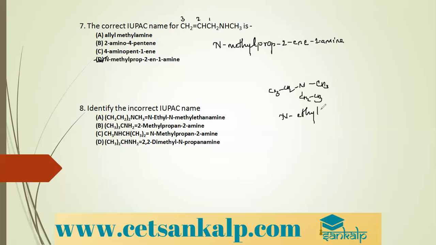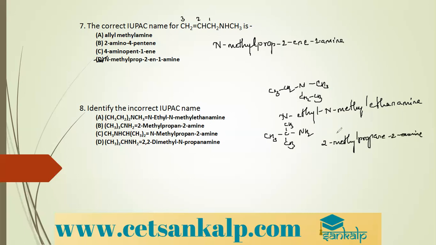N-ethyl comes first, E before M, then N-methyl, then ethanamine. N-ethyl-N-methylethanamine is the correct name. Second one, three CH3 groups attached to a carbon, with NH2. So what is the correct name? 1, 2, 3. 2-methyl, 3 carbon atoms, prop, single bond ane, 2-amine. So this is also correct.